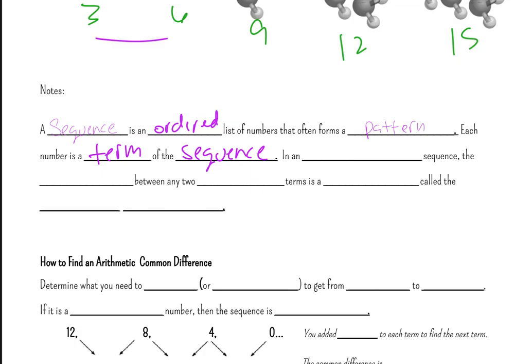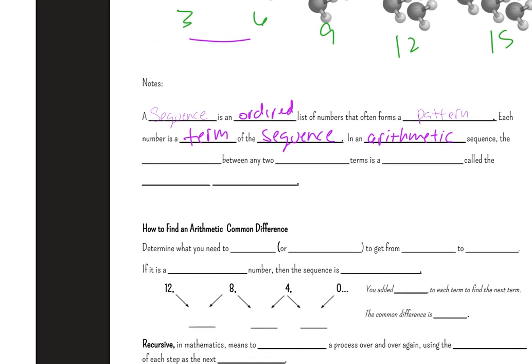And in a specific type of sequence, an arithmetic sequence, the difference between any 2 consecutive terms is a constant.